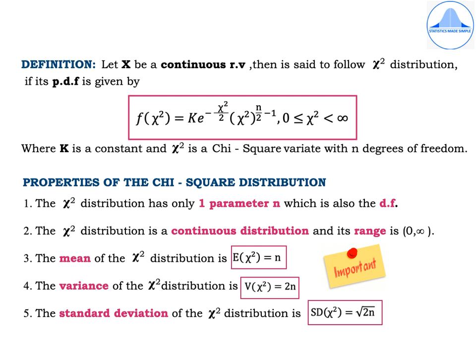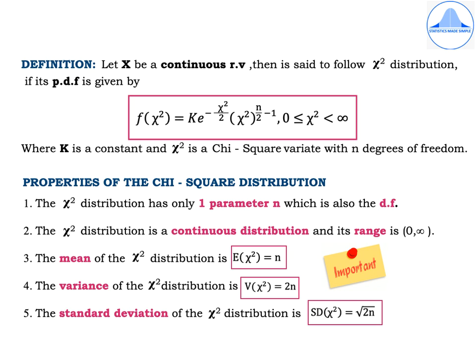The second property, the chi-square distribution is a continuous distribution and its range is 0, infinity, which you have to write within round brackets. The third property, the mean of the chi-square distribution is E of chi-square is equal to n. What is E?